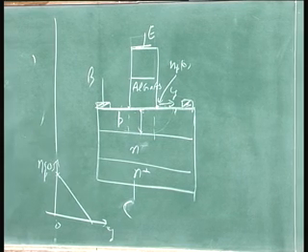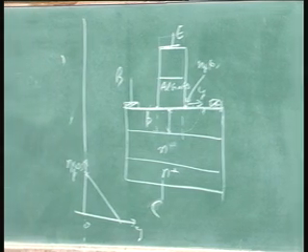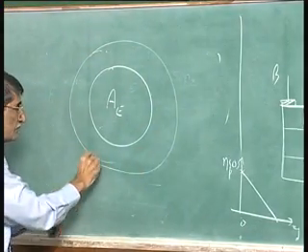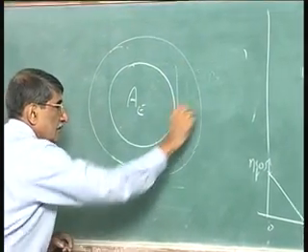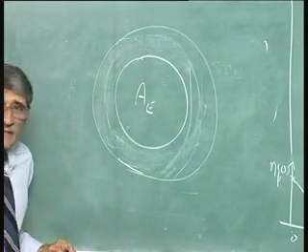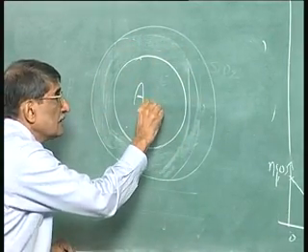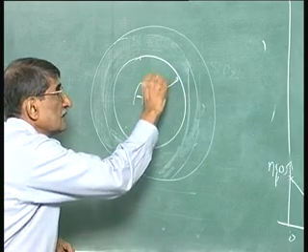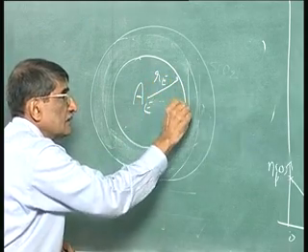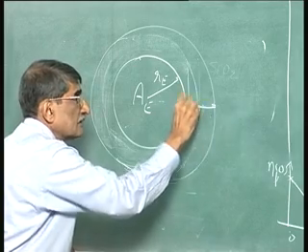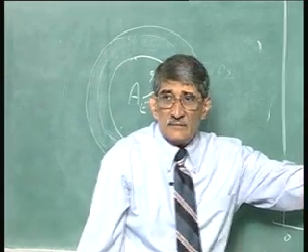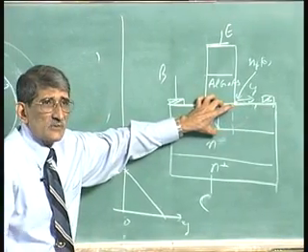Looking into the emitter, that is the AE, top view, that is where the recombination takes place, around a ring of width. So, this is Re, and this is equal to base width almost.